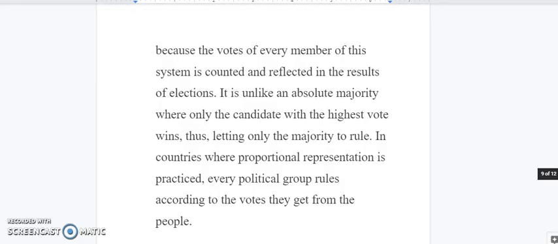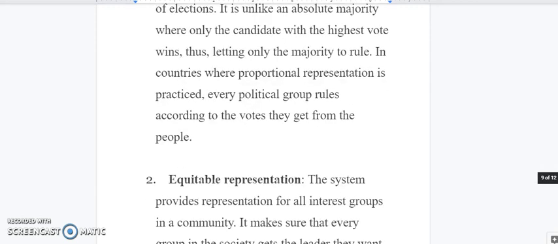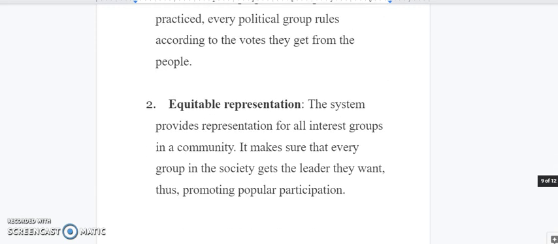It is unlike an absolute majority where only the candidate with the highest vote wins, thus letting only the majority rule. In countries where proportional representation is practiced, every political group rules according to the votes they get from the people.